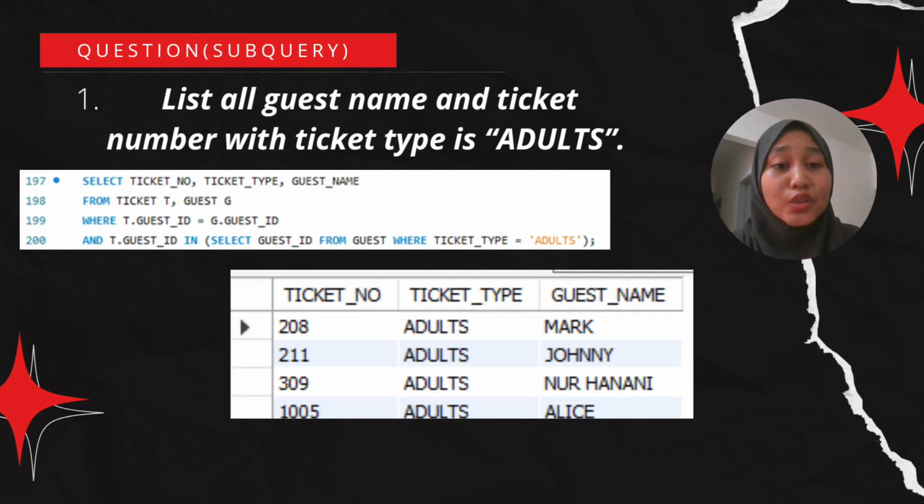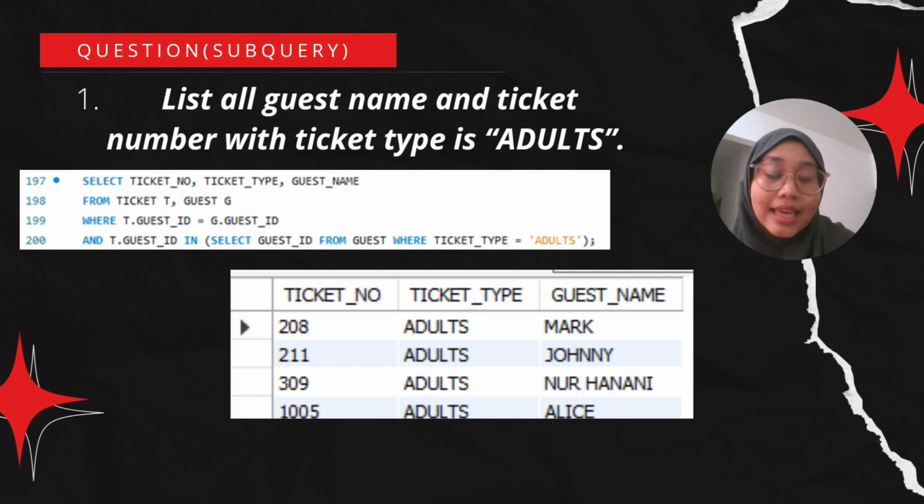I'm going to continue with the next question, which is subquery. The first question of subquery is list all guest name and ticket number with ticket type, which is for adult. So these are the command and the output for this question. For the command, we select ticket number, ticket type, and ticket guest.